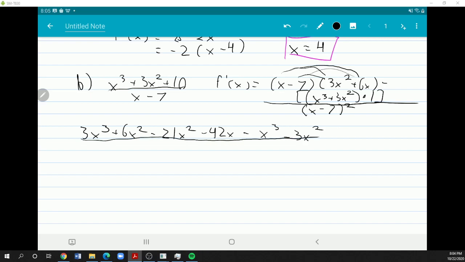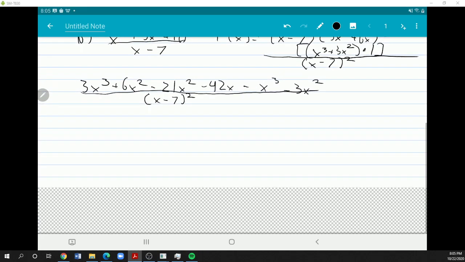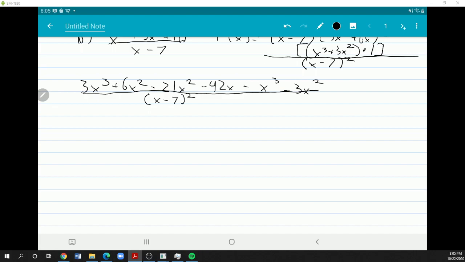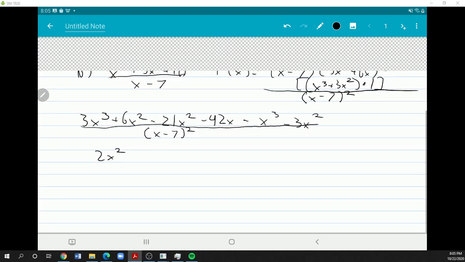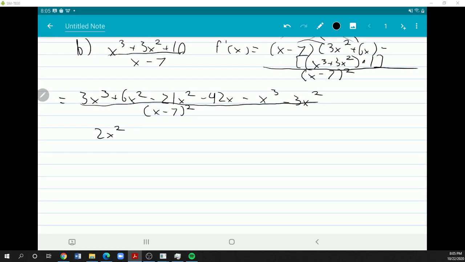But we have to make sure we're dividing by x minus 7 squared. So let's see what we got. 2x cubed, sorry, 2x cubed.